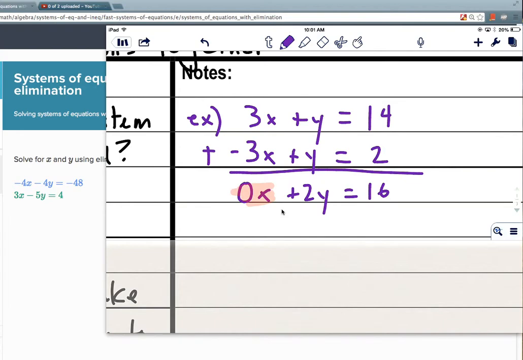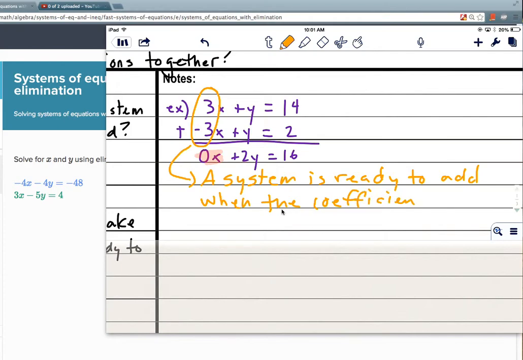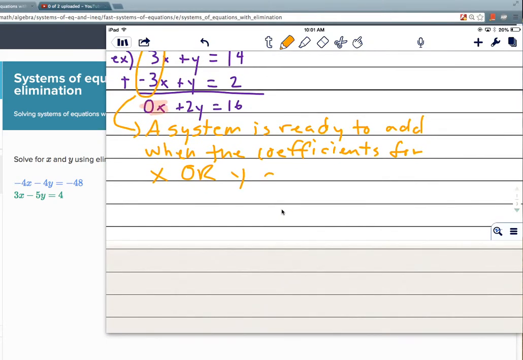And so that's the first thing I'm going to describe. I'm going to circle this and make a little arrow here. A system is ready to add when the coefficients for x or y are opposites.